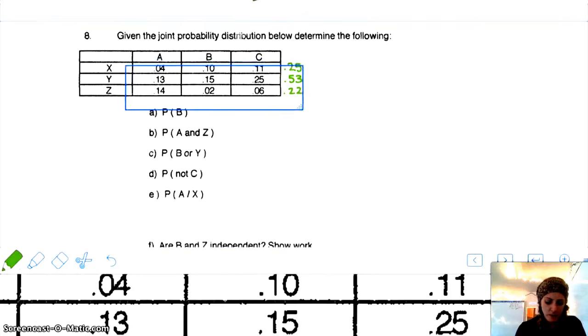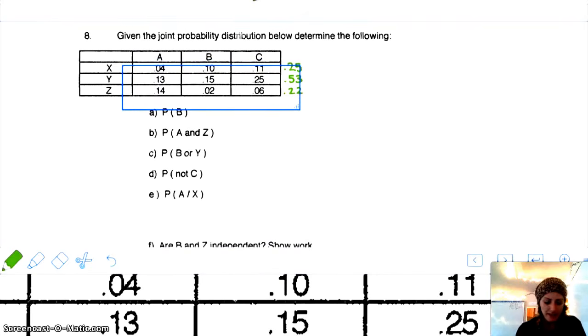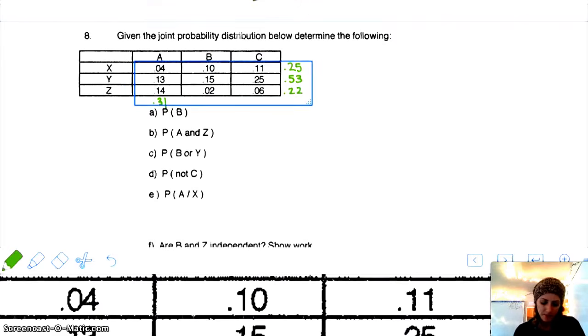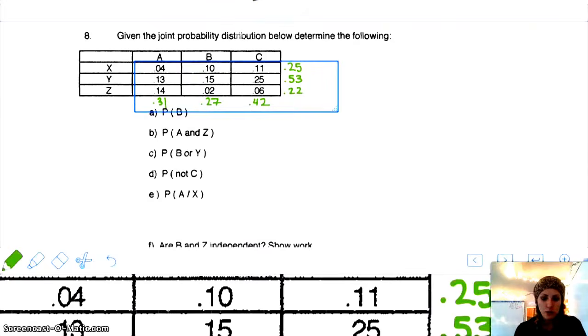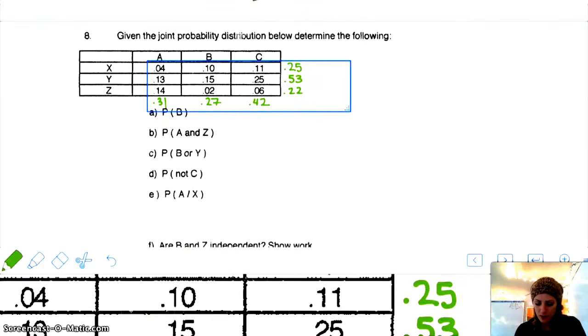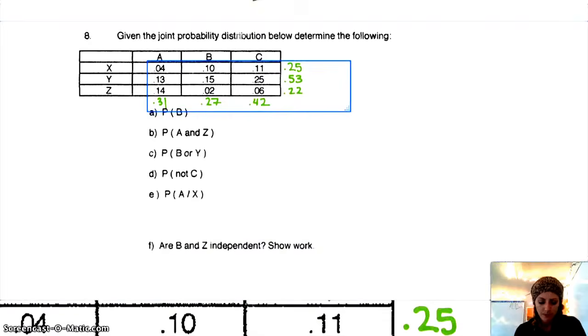And then my total probability of A is 0.27 plus 0.04, which is 0.31. Probability of B occurring is 0.27. And the probability of C occurring is 0.42.